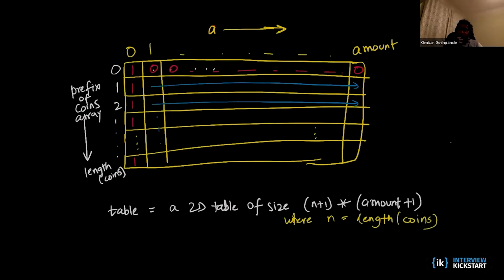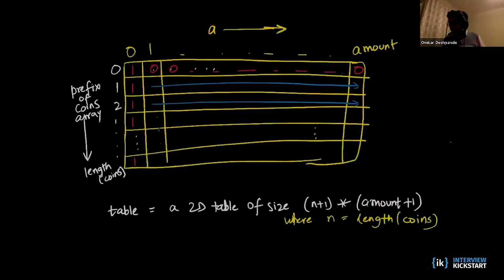So the initialization, or you can say the base case, is: firstly, let's initialize the entire table to 0 so that we don't have to initialize the top row explicitly.